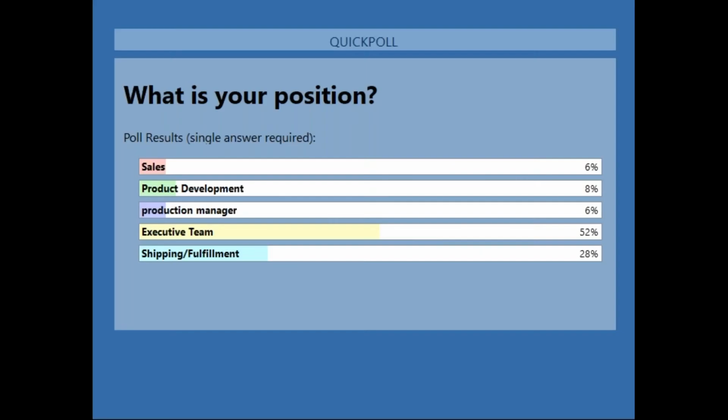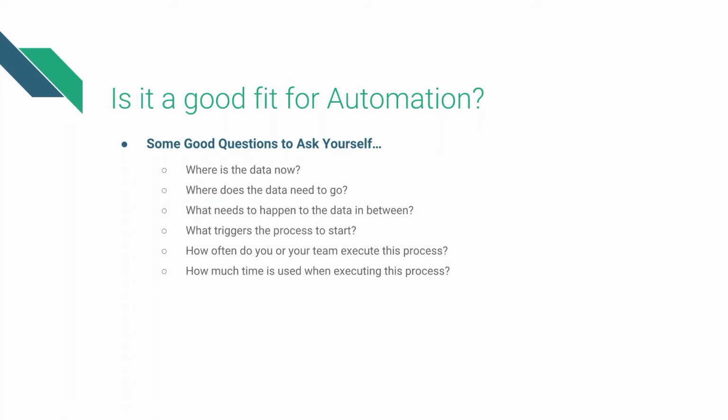Okay. See where everybody fits there. So it looks like most everybody's on the executive team or in the shipping and fulfillment space, which is perfect. We're going to address exactly where that's valuable. Okay, awesome.